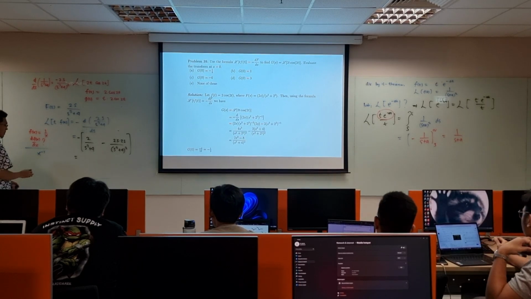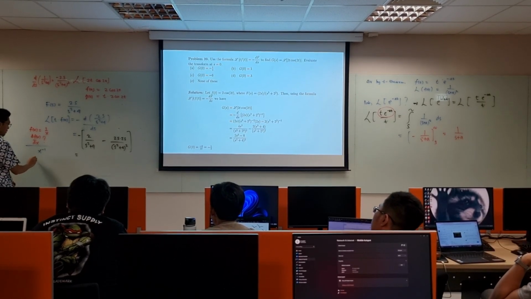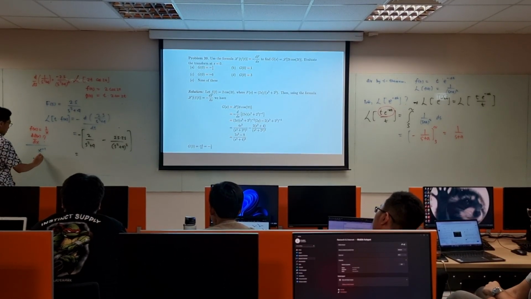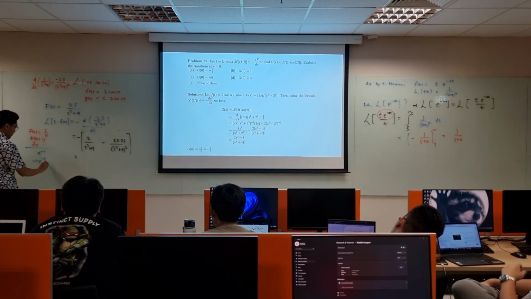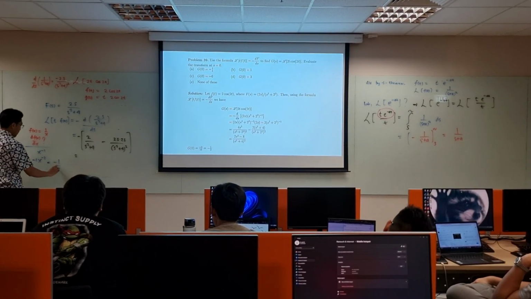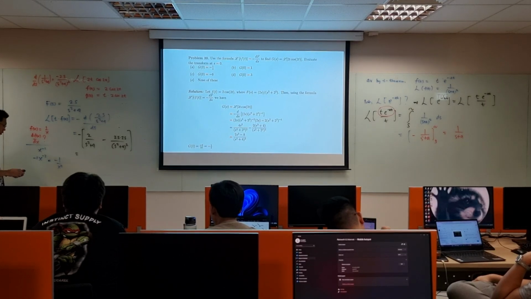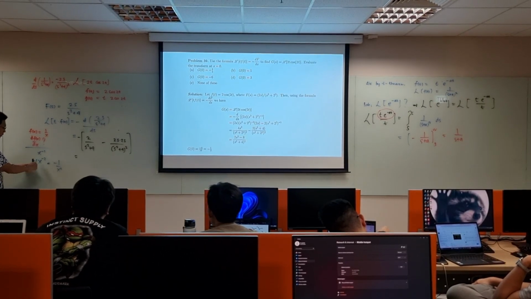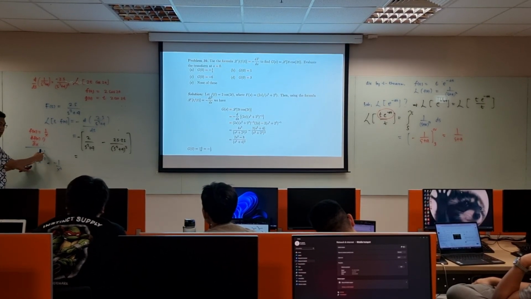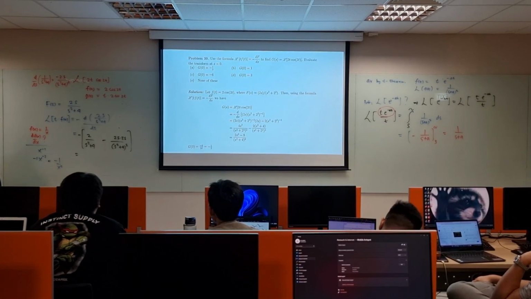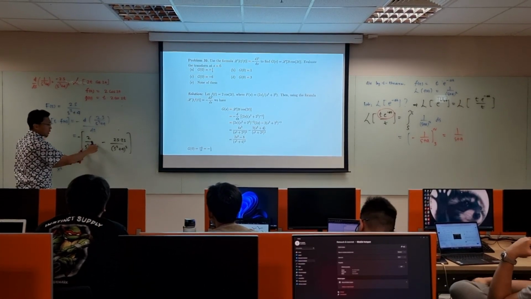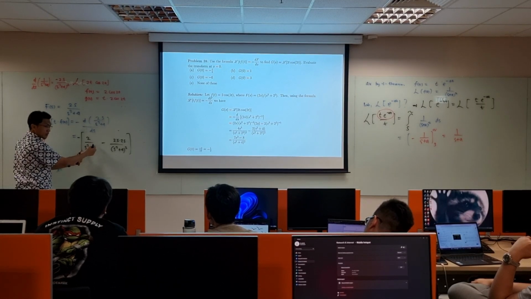The -1 comes down, so it becomes -1 over x squared. So the minus sign comes from your power itself. In here the power is minus actually.